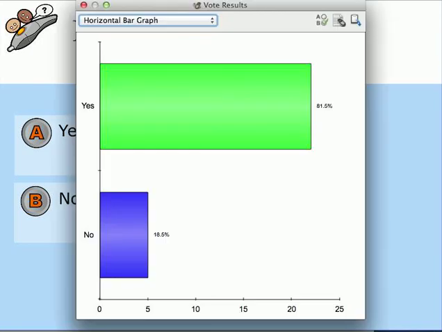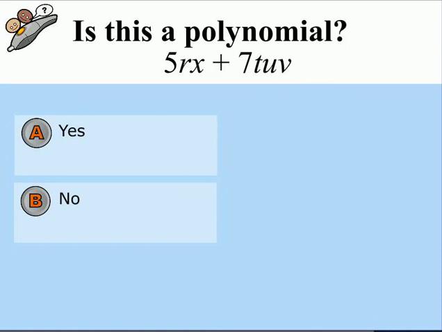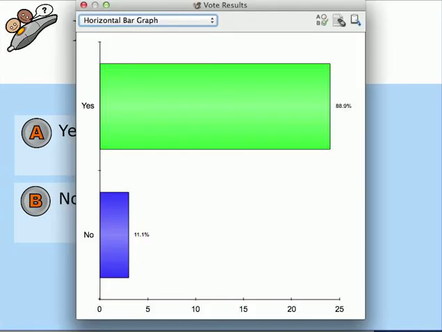And the answer is yes again. Because notice you have all of your powers accounted for. Is this a polynomial, yes or no? The answer is yes again.